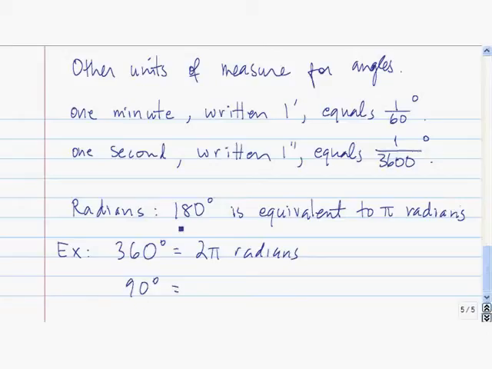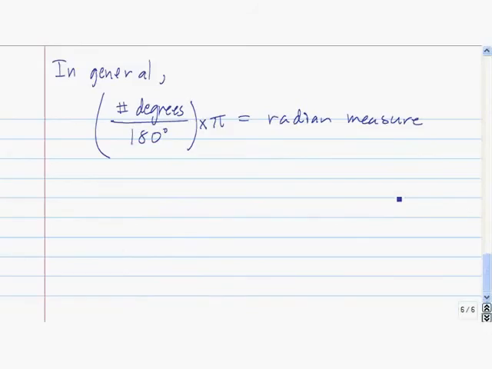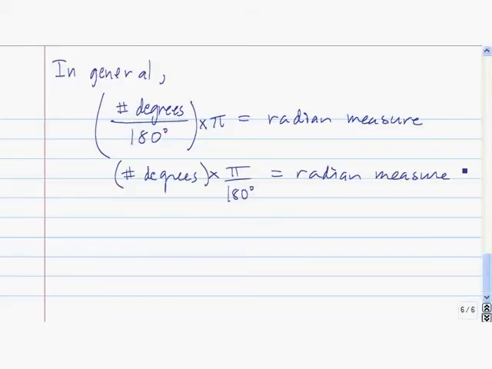Also, 90 degrees is half of 180 degrees, so it's half of pi radians, or pi over 2 radians. More generally, to convert to radian measure, we take the number of degrees divided by 180 and then multiply it by pi. Or we can think of it as the number of degrees times pi over 180.